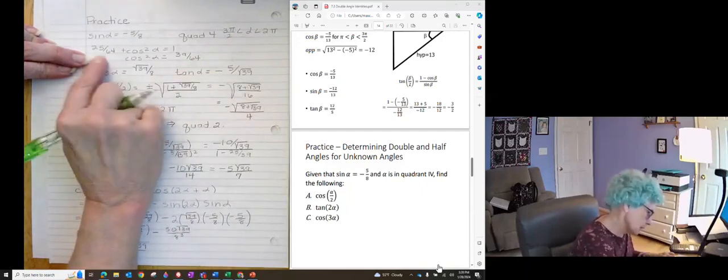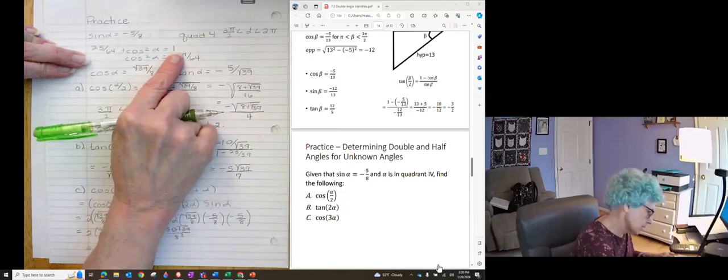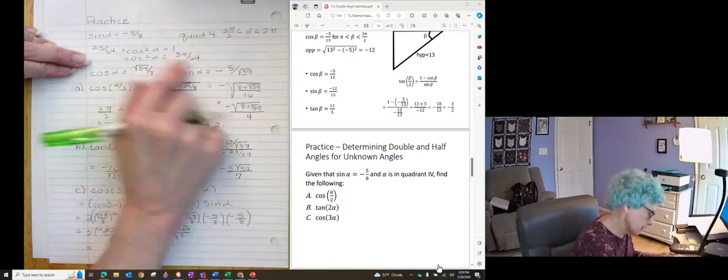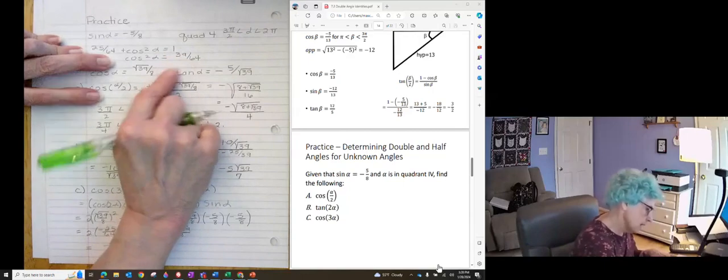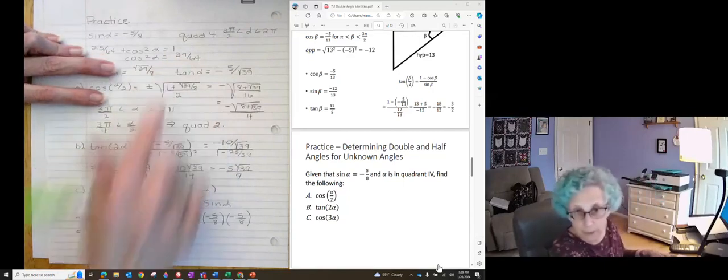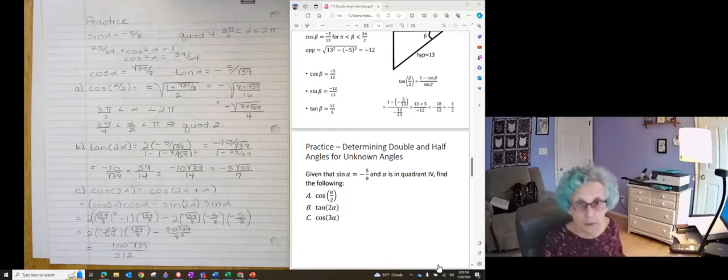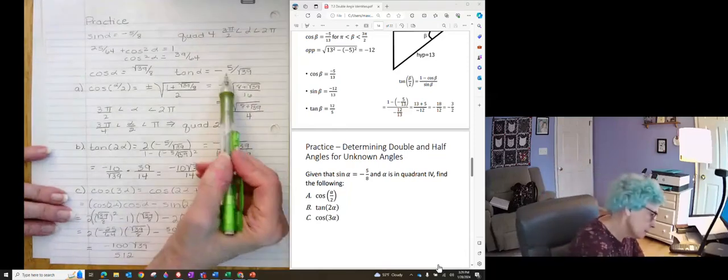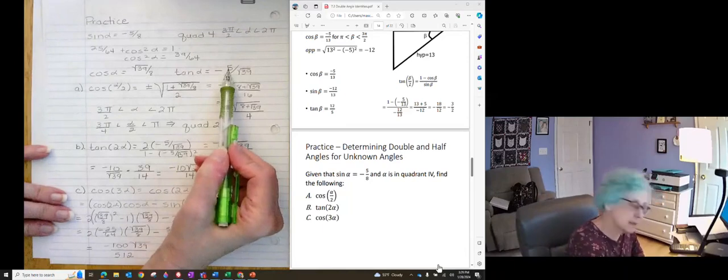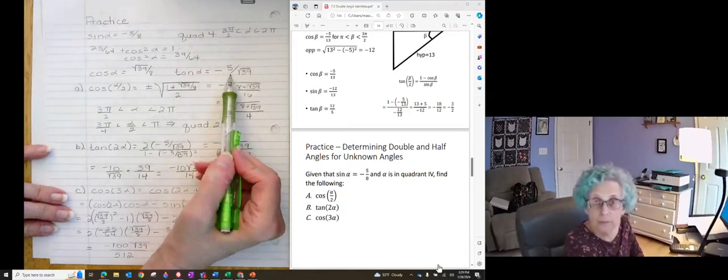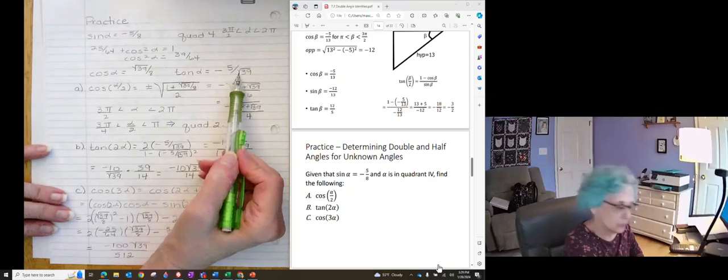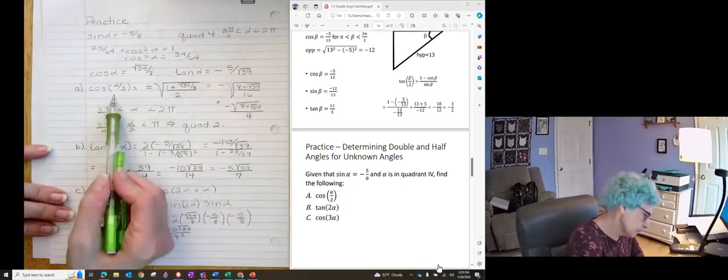And so sine squared plus cosine squared is 1, 25 over 64. And I don't get a nice pretty whole number this time. I get the square root of 39 over 8. So tangent is negative in quadrant 4, and it's negative 5 over the square root of 39.